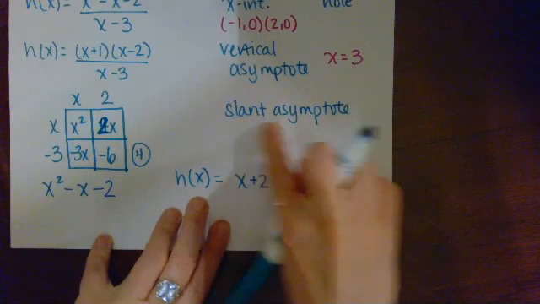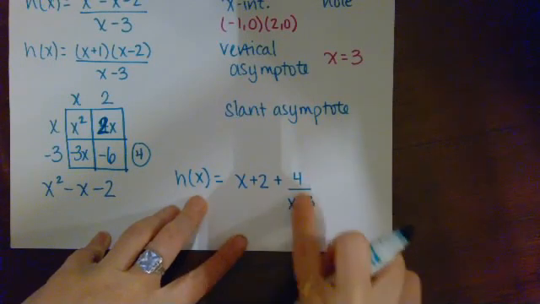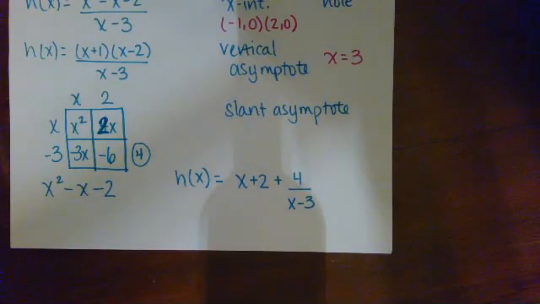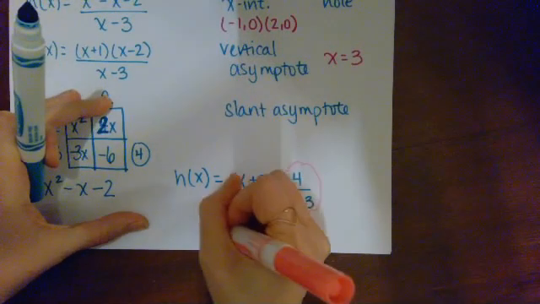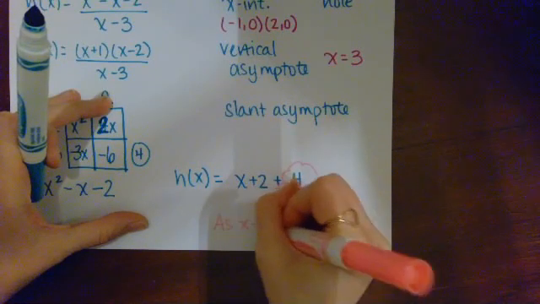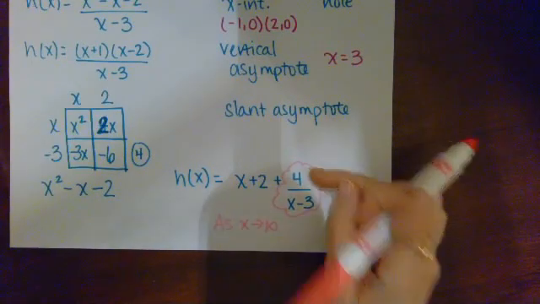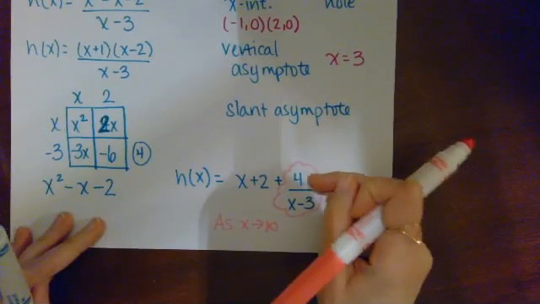So now let's think a little bit about end behavior again, since we're thinking about an asymptote. As for just this little part right here, let me circle it, just my remainder, just this last term, as x goes to infinity, we're going to have 4 divided by infinity.